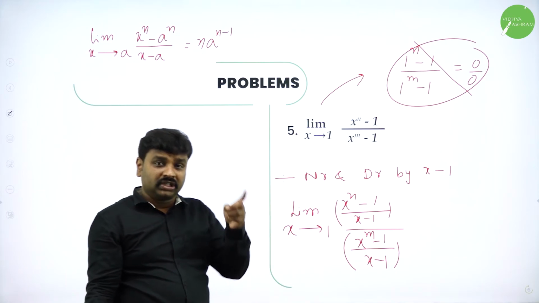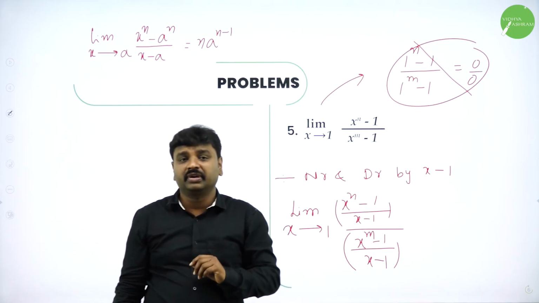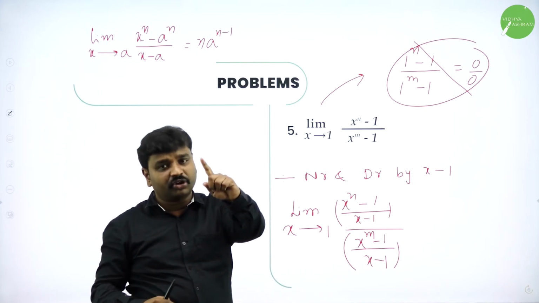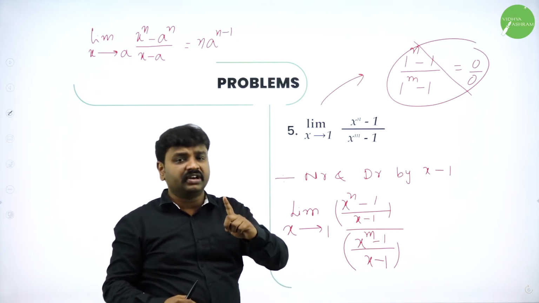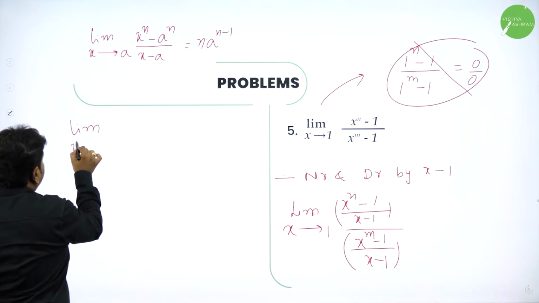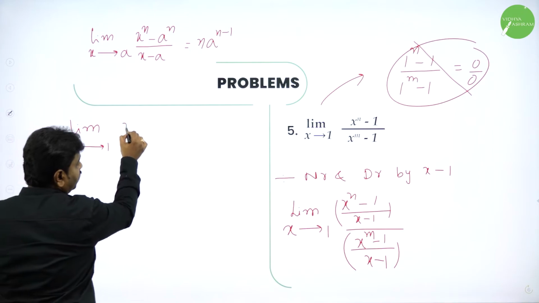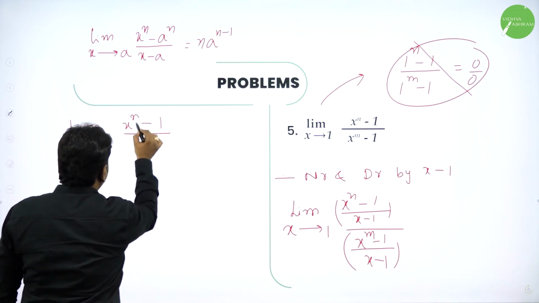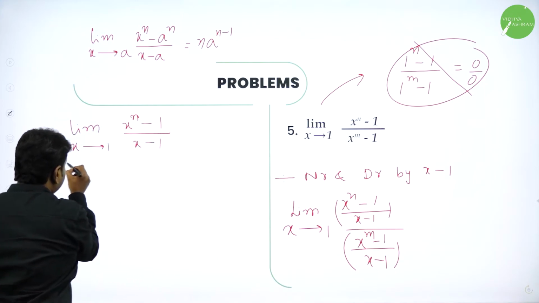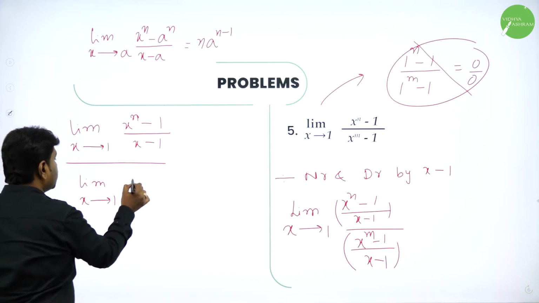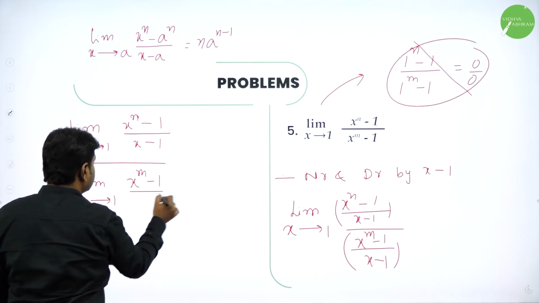I told you the algebra of limits, or properties of limits. For the limit of numerator by denominator, you can apply the limit separately for the numerator and separately for the denominator. So I'll apply the limit separately for the numerator: limit x tends to 1, x power n minus 1 divided by x minus 1, and then limit x tends to 1, x power m minus 1 by x minus 1 for the denominator.